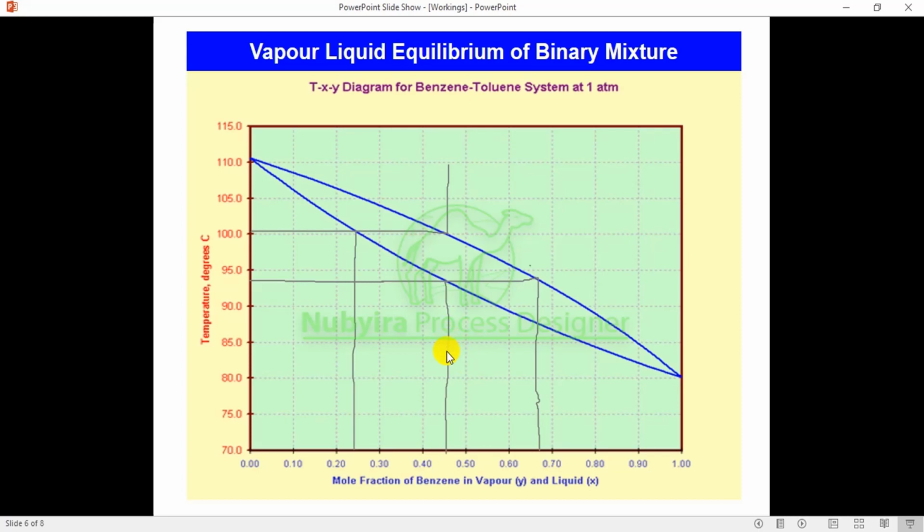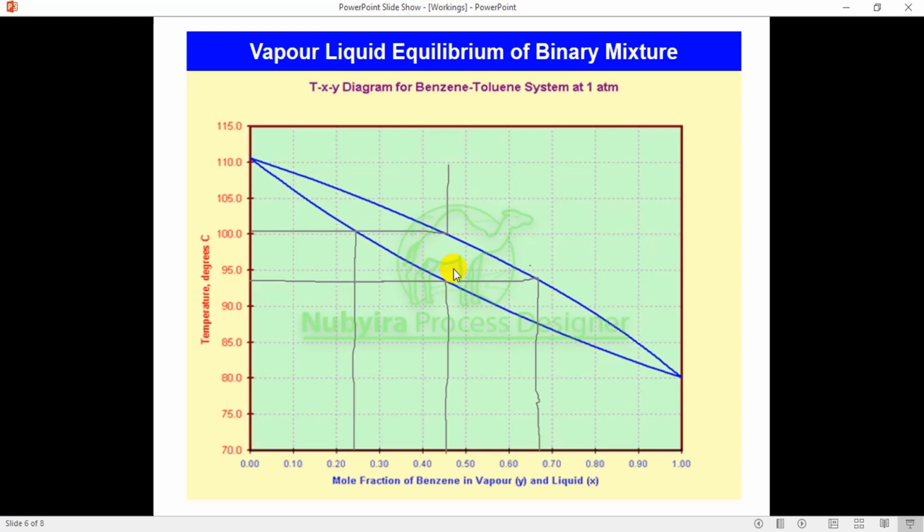And I'm not going to be using graphical methods to calculate this dew point and bubble point, because I need the dew point and bubble point in order to know the state of the mixture. So if the mixture is at a lower temperature compared to the bubble point of the mixture, that means it is in the subcool region. If the mixture is in between the bubble point and the dew point, that means it's a saturated mixture, so it has two phases, that is liquid and vapor phase.